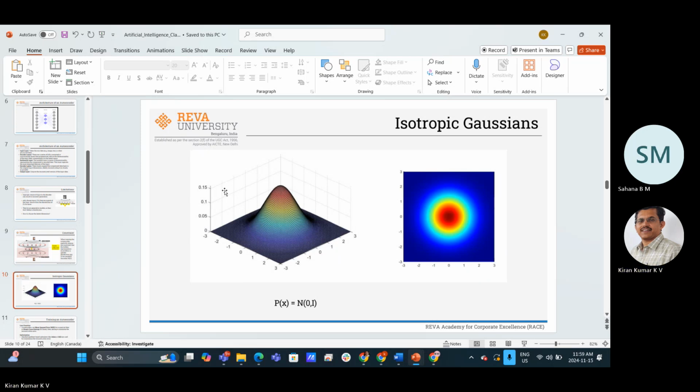Bell-shaped. Okay, it will look like a bell-shaped curve. There is an isotropic Gaussian. You can see here, where is the mean? At 0. And the variation is 1, 1, 1. It says standard Gaussian curve.